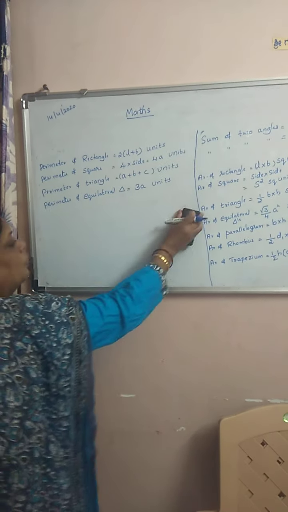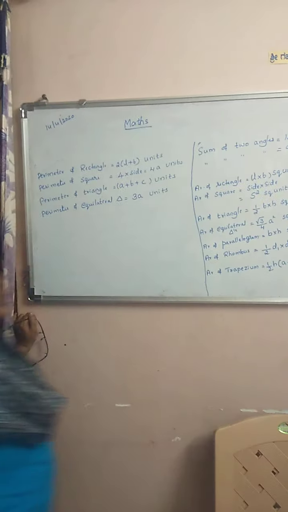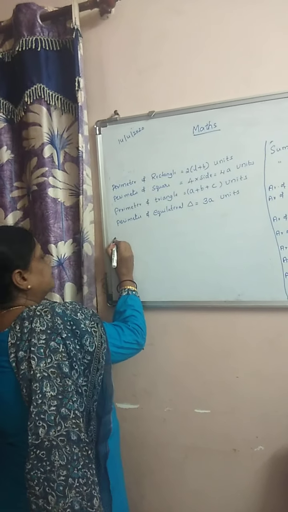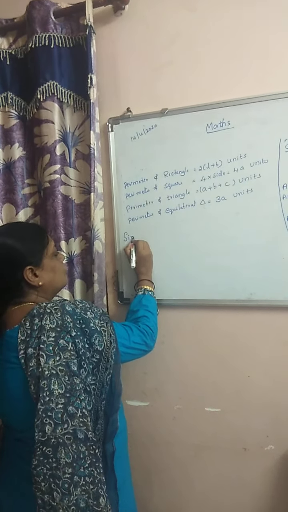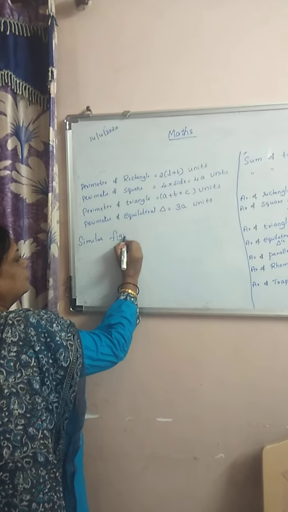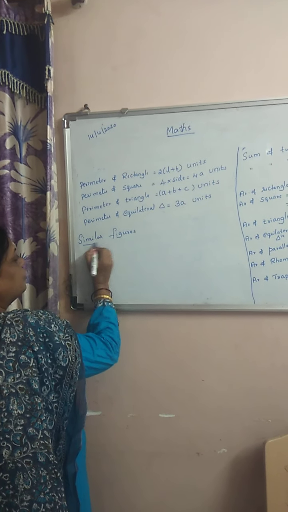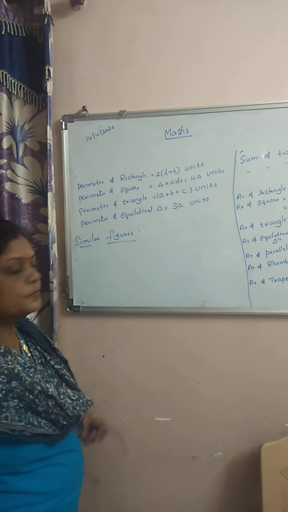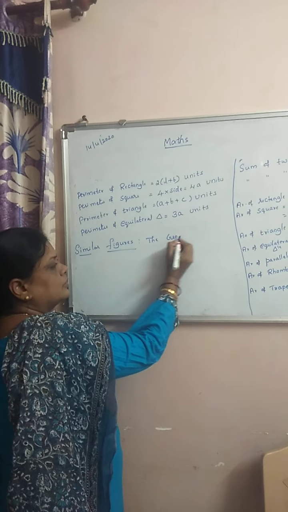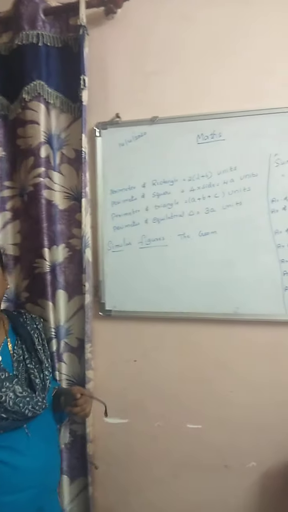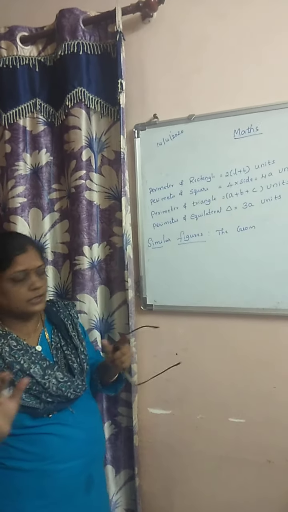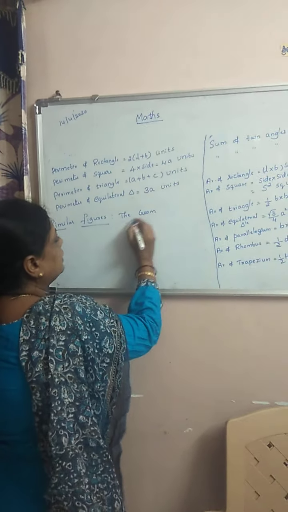Next, what you learned? Congruency, you know. Congruency, similar figures and congruent figures. Similar figures means what? We learn that, then we go for the congruent figures. Similar figures: the geometrical figures are said to be similar when they are similar in shape but not in size. I will explain with an example here.